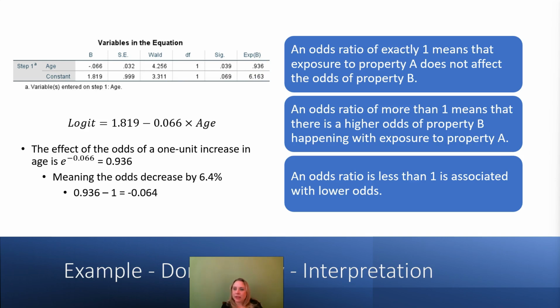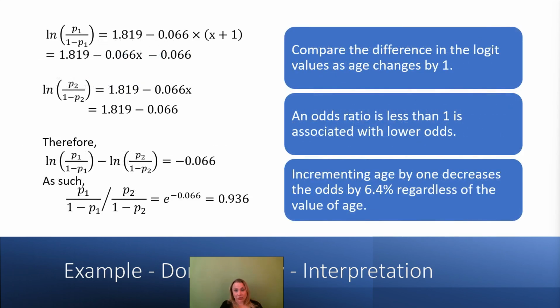And so what this means is that the odds decrease by 0.936 minus 1, to get 6.4. So the odds decrease by 6.4%. Therefore, a unit increase in X is going to decrease your odds by 6.4%. So an increase in age decreases our odds by 6.4% regardless of what value of X we have.